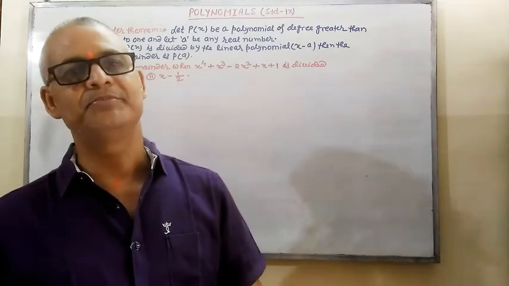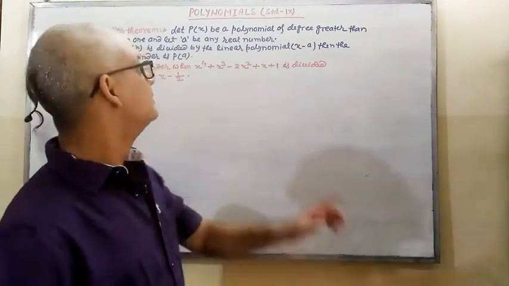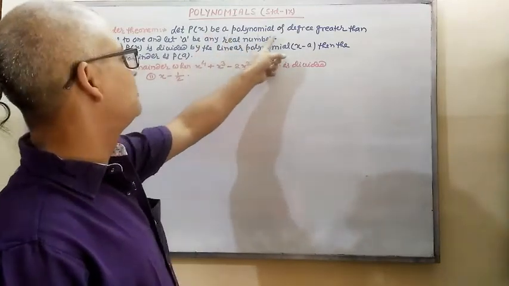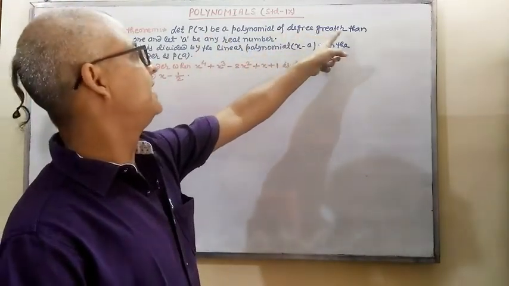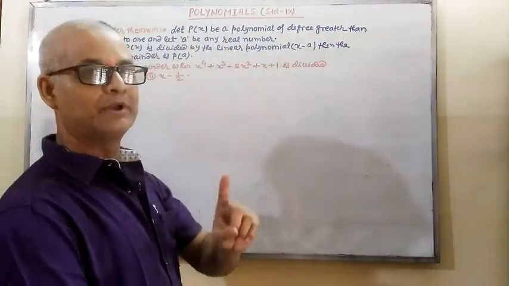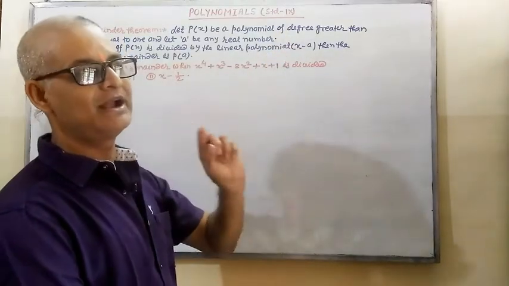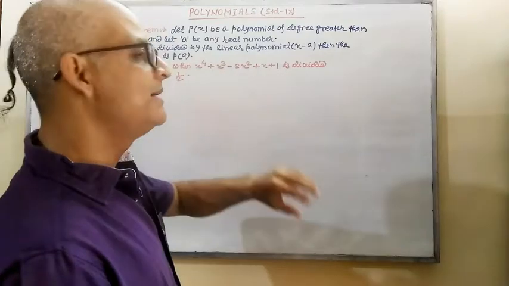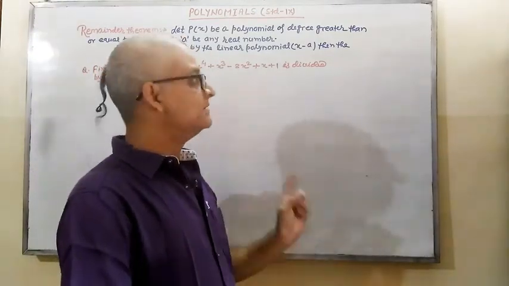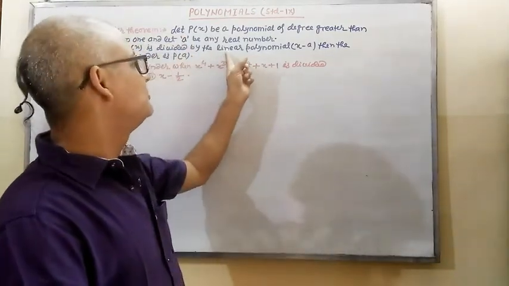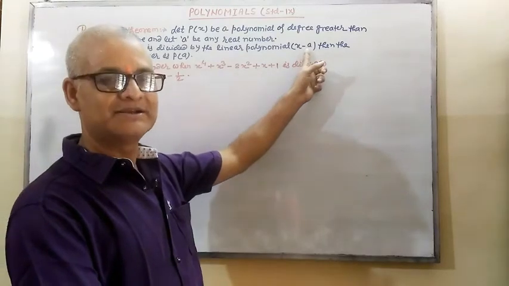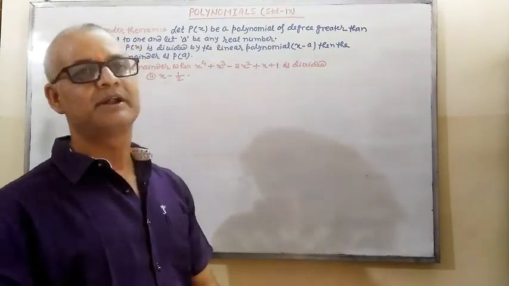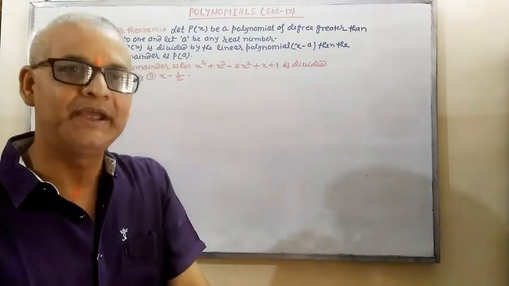So P(x) is a polynomial of degree greater than or equal to 1, that polynomial's degree is either 1 or greater than 1, and a is any real number. Then, when that polynomial is divided by x minus a, the remainder is P(a).